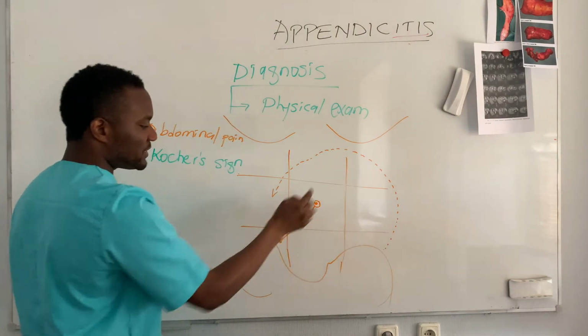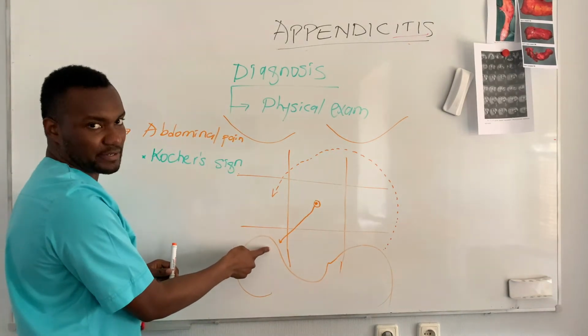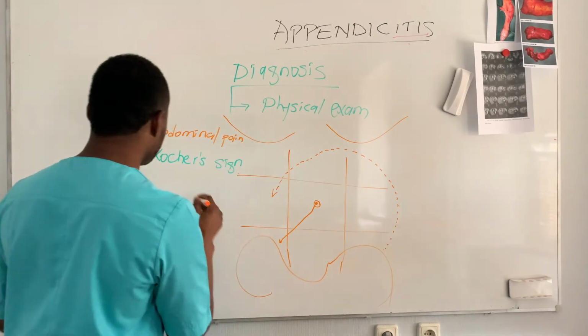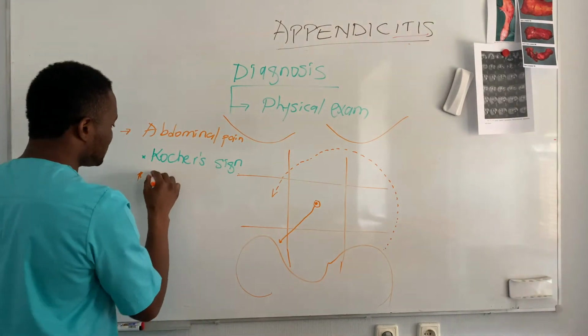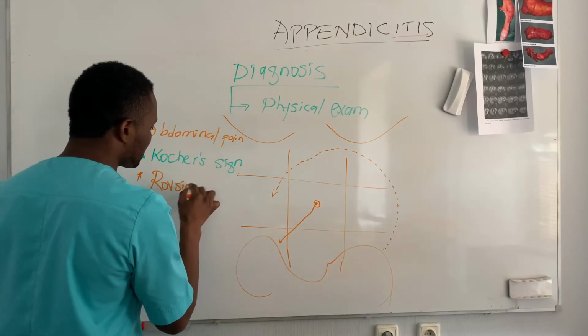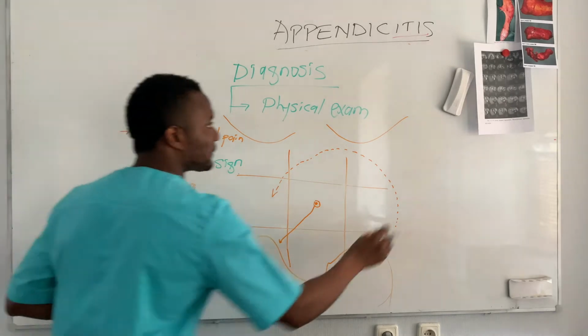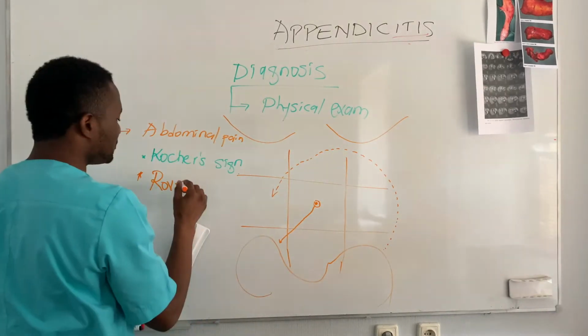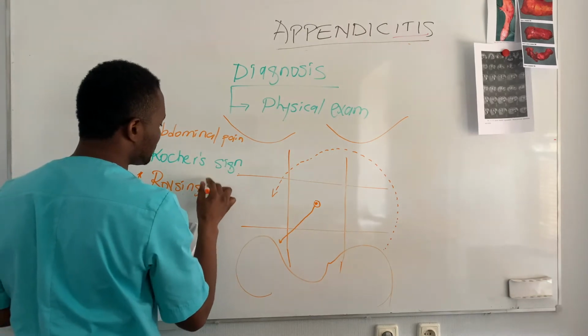And while you palpate, the patient feels the pain more at the right iliac fossa. Sorry, this is called the Rovsing sign.